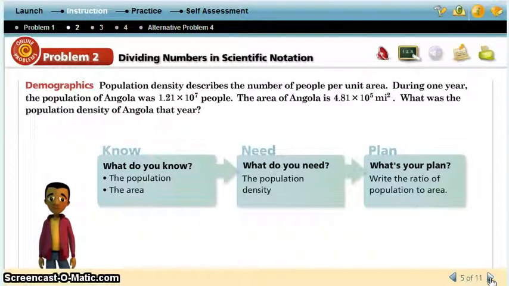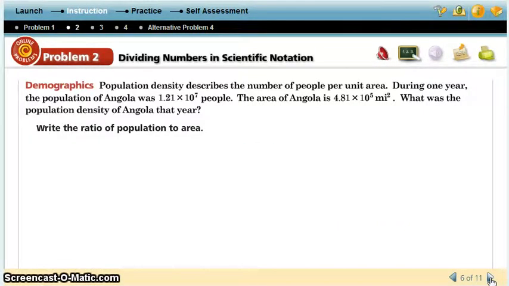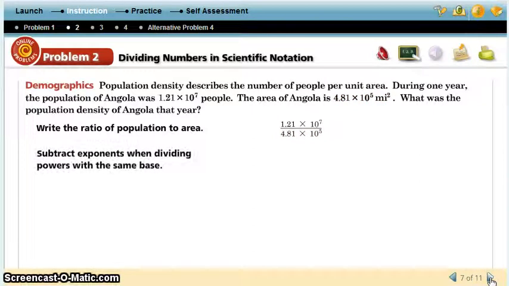Write the ratio of population to area and simplify. First, write the ratio of population to area. Subtract the exponents when dividing powers with the same base.